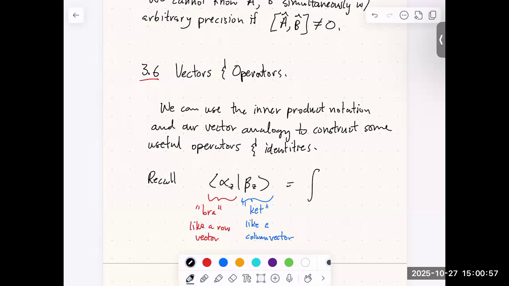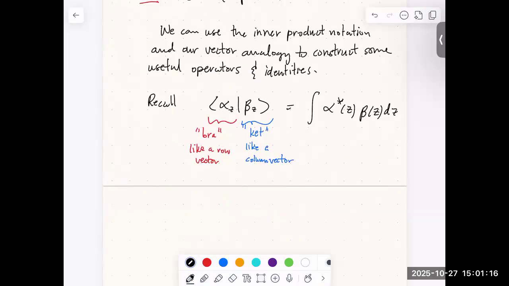So what this really means is we take alpha conjugate, which is some function of z, we multiply it with beta, another function of z, and we integrate with respect to z. Okay, so this is for a continuous basis. So what do I want to say? Let's say alpha and beta are vectors in our Hilbert space.